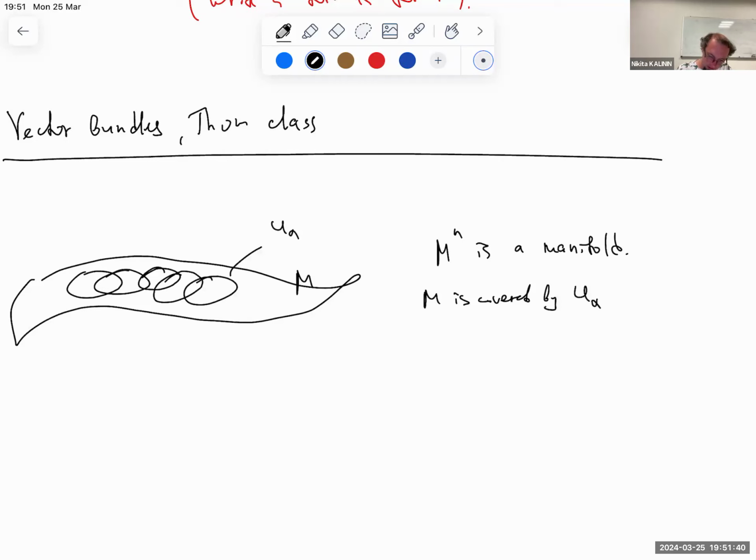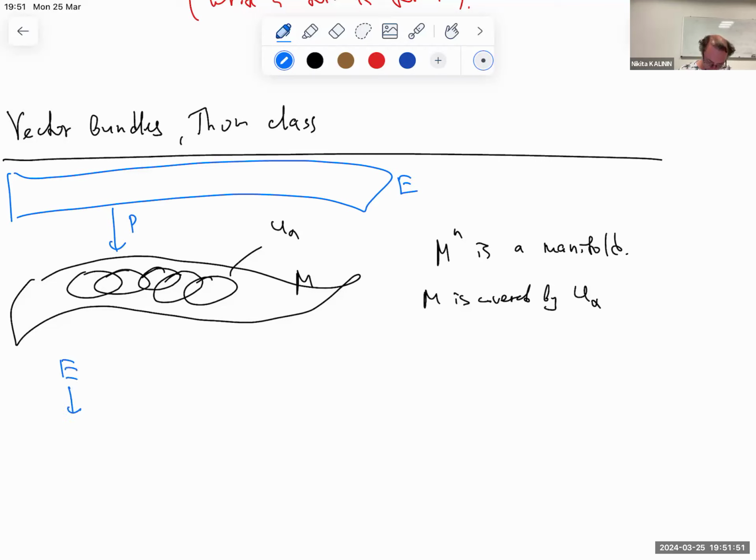Now imagine that you have a certain big space E, and there is a map pi from E to M, such that any preimage pi minus 1 of U alpha is actually U alpha cross Rn. Okay, so let's suppose this.